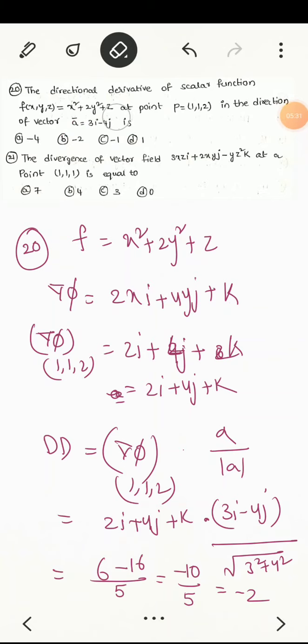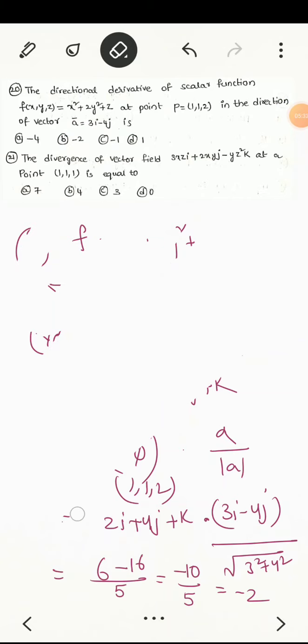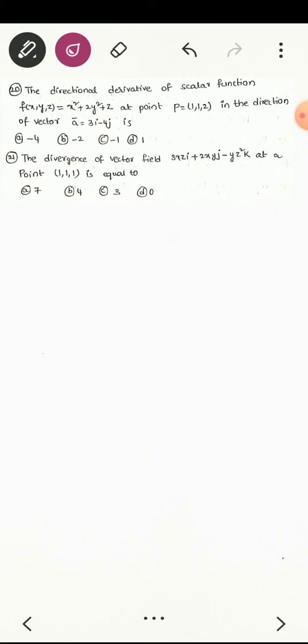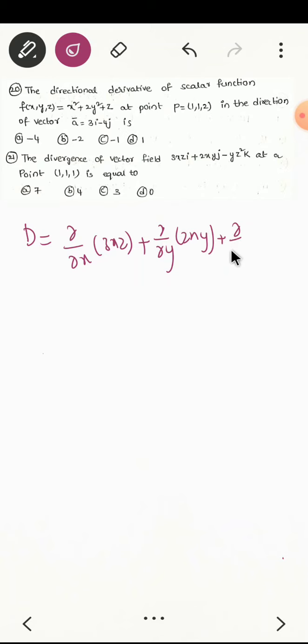Let us solve one more problem. What are they saying? The divergence of a vector field. Very easy, right? Can't you do that? They have given 3xz i, then 2xy j, minus yz square k at some point. Okay, divergence, how will you do it? Dou by dou x of 3xz plus dou by dou y of 2xy plus dou by dou z of minus yz square.